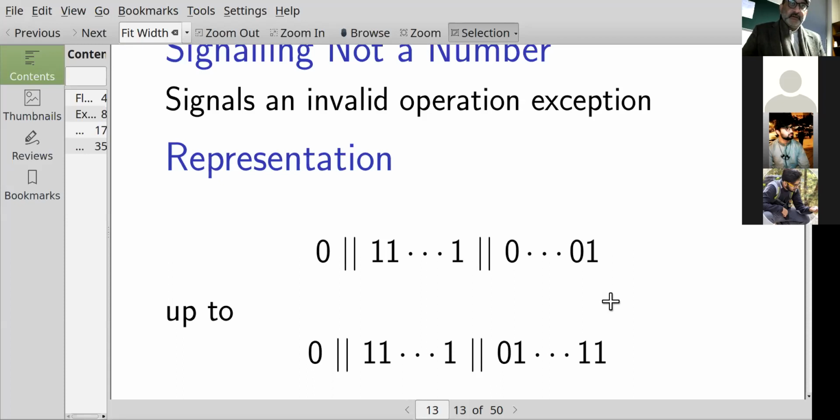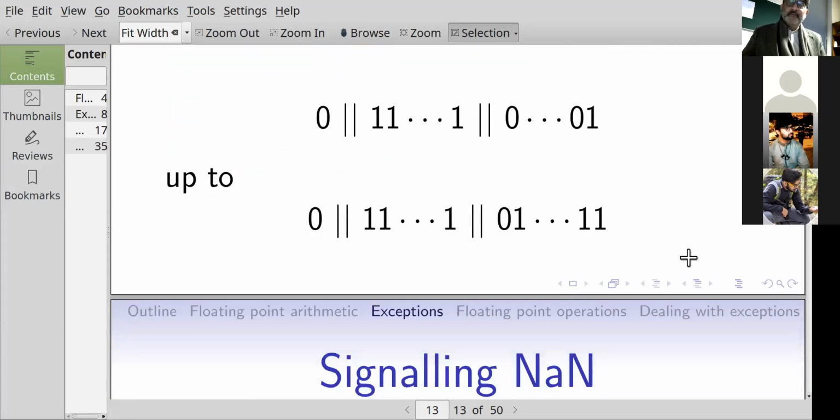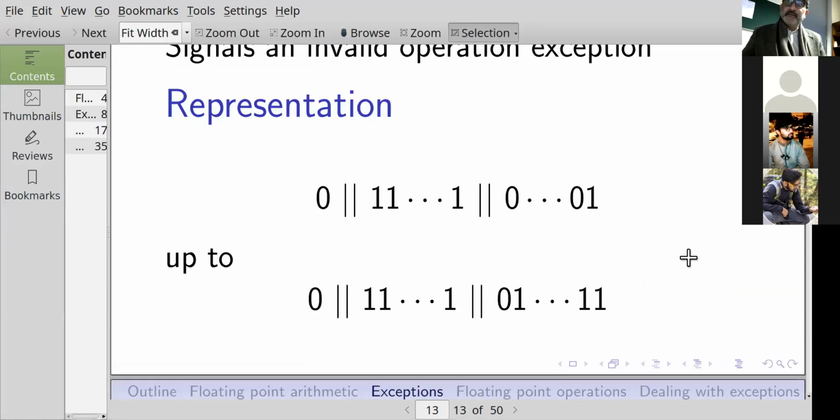So you can do 0 for the sign bit, all 1s for the exponent, and all 0s and then 1 in the final bit of the mantissa, up to, so in that range of binary numbers that I'm showing you on the screen, those are ways of coding that what you're dealing with now is not a number. You divided by 0, you multiplied 0 by infinity.